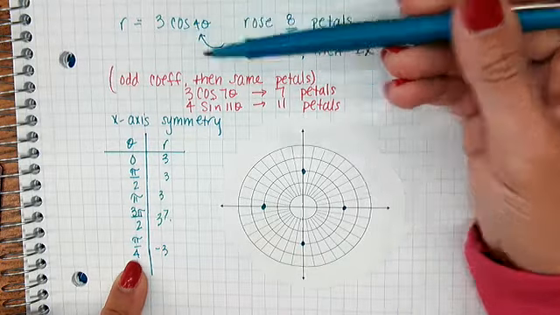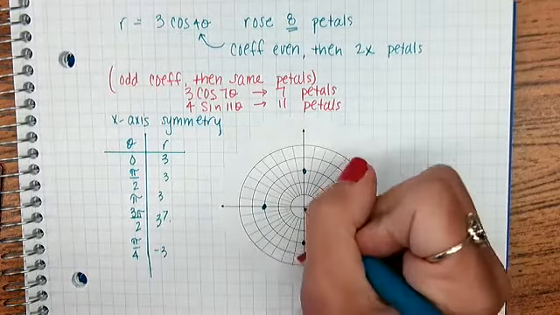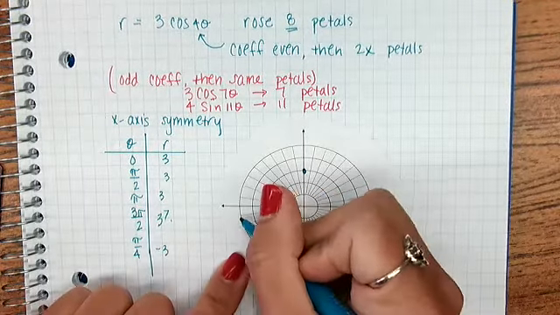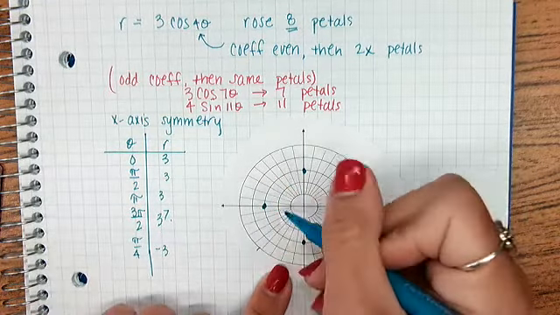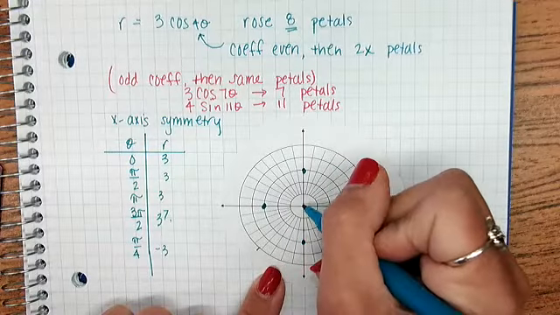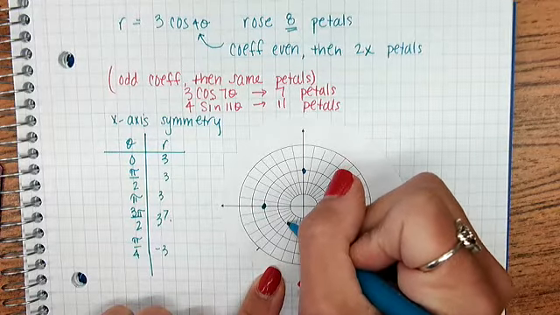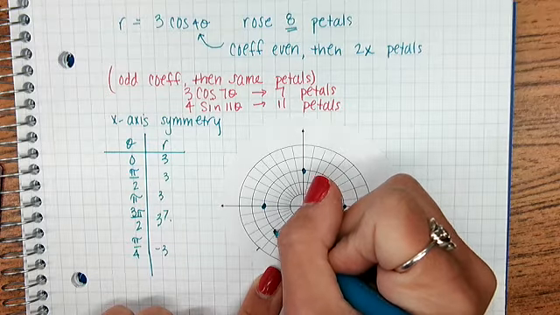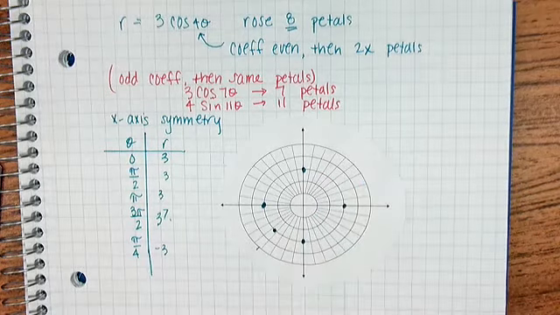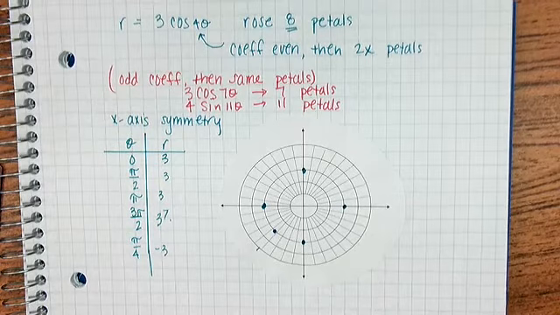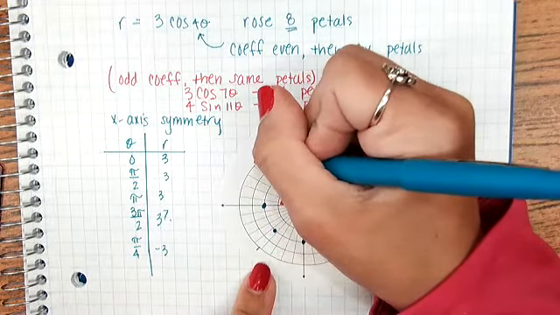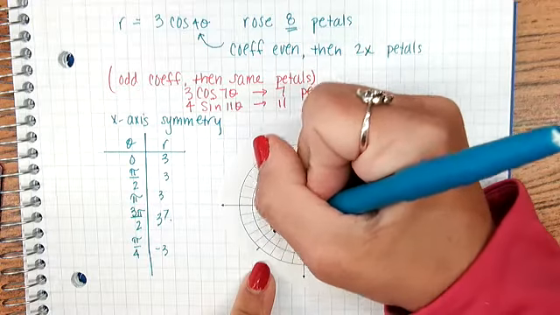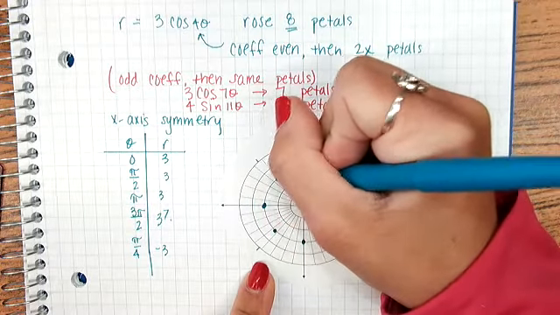Cosine of pi is, yeah, okay, so pi over 4, -3. It's there-ish. Okay, x-axis symmetry. There-ish.